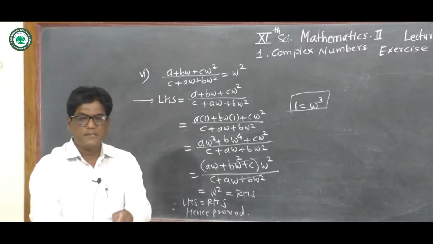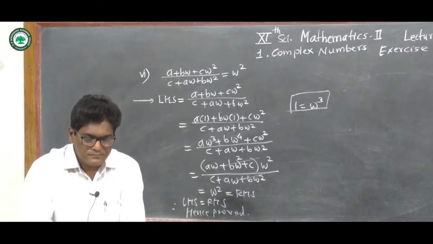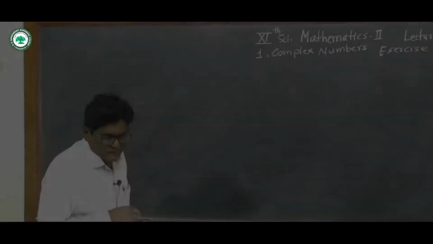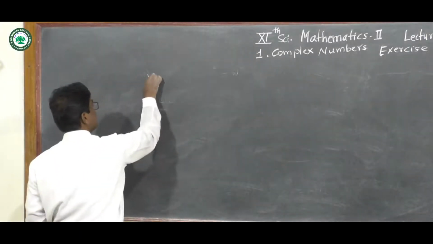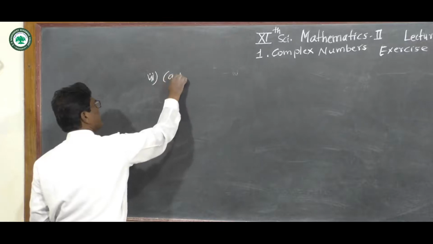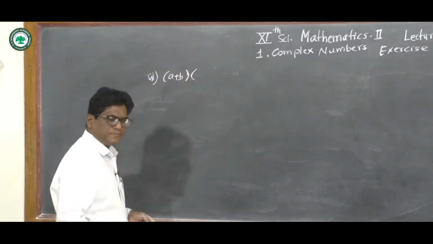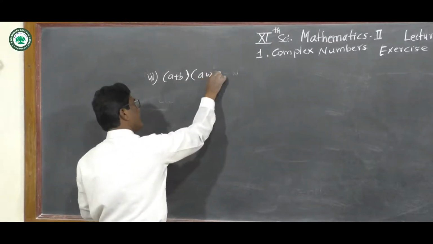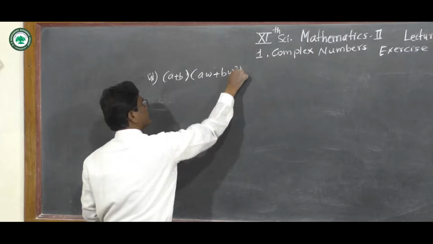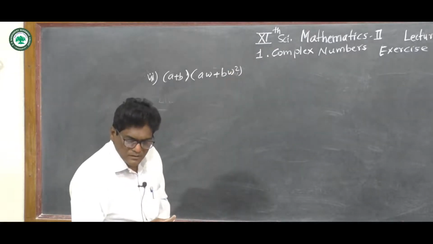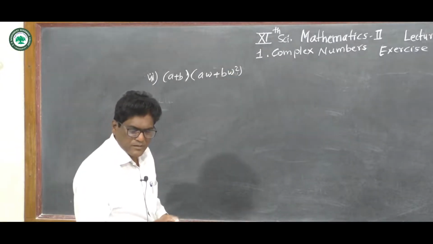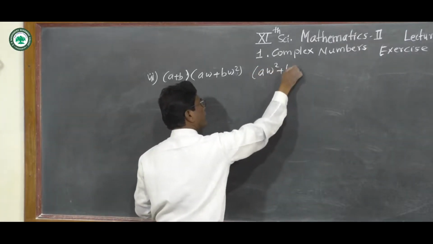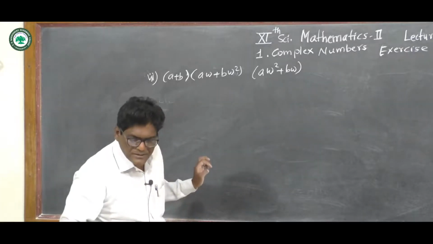Now next example. Seventh example. A plus B, in the second bracket A omega plus B omega square, and the third bracket A omega square plus B omega, and right hand side is 0.